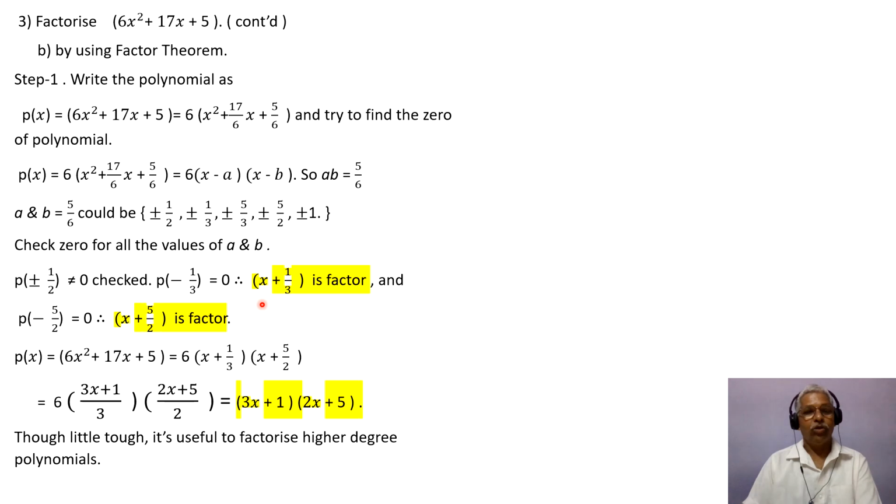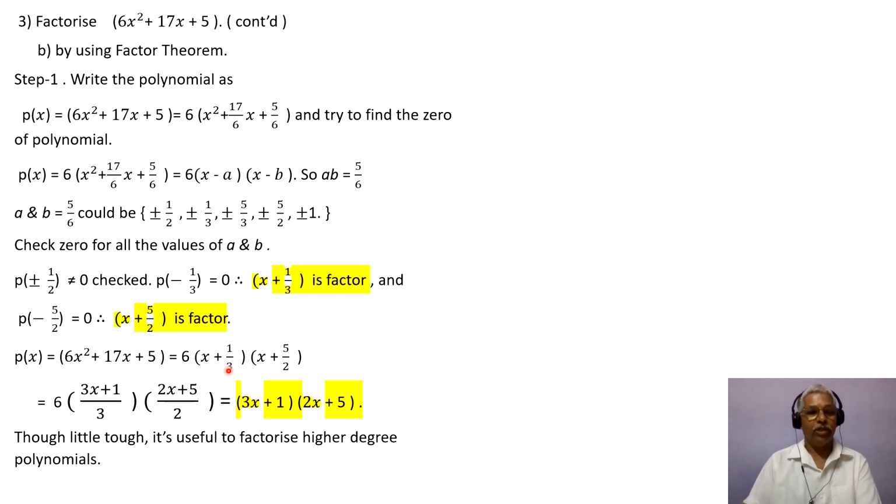Okay, so you know now these are the two factors, x plus 1 upon 3 and x plus 5 upon 2. So I am writing this. We have found the values of a and b, copying them here. So px equal to 6 into x plus 1 upon 3 and another bracket x plus 5 upon 2.